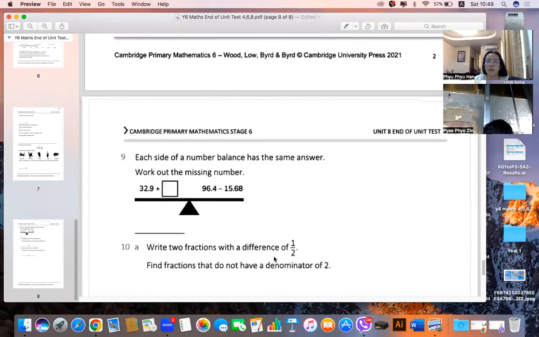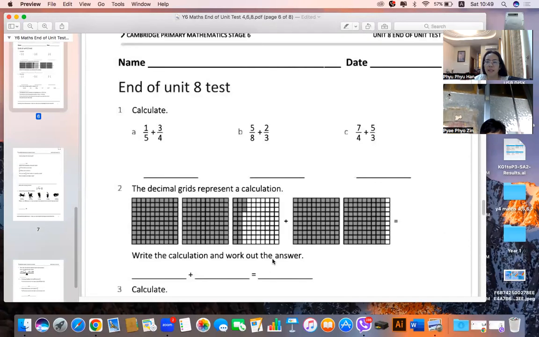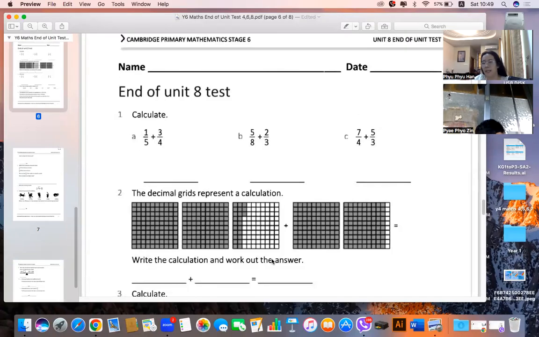So that's all for Unit 8. We are done with the Unit 8 test. The end of unit test is the summary of the whole unit, and you have to know how to do all of this.